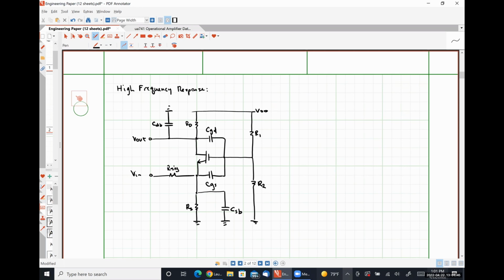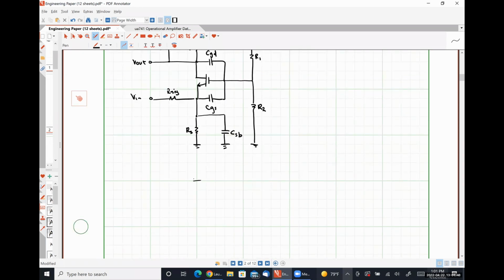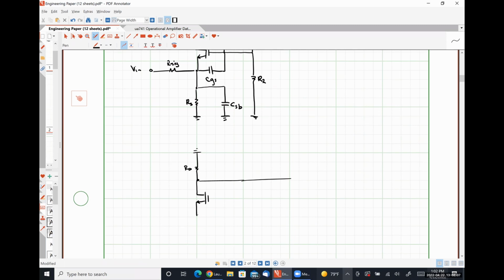So here we have RD. I'm grounding my gate node.